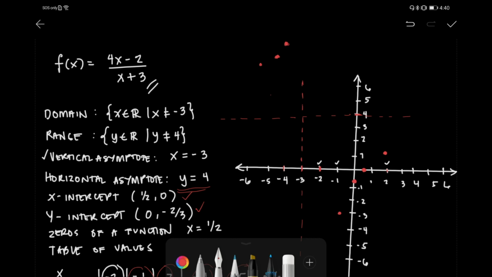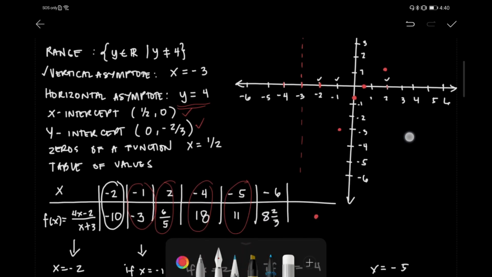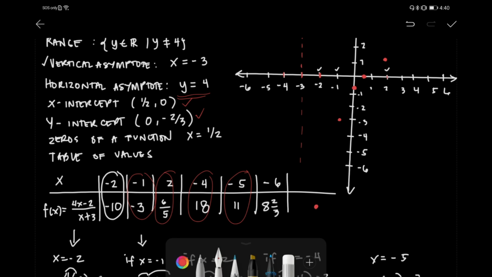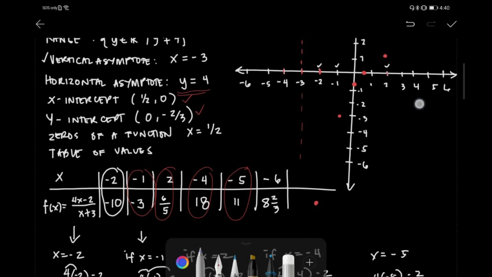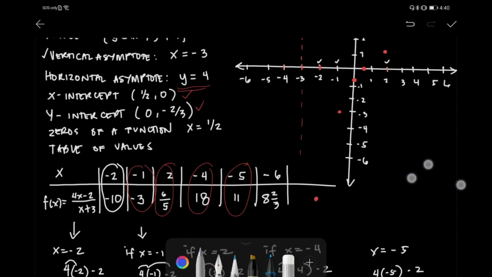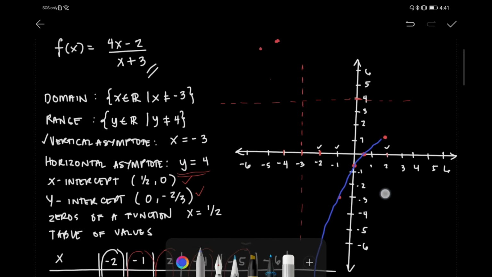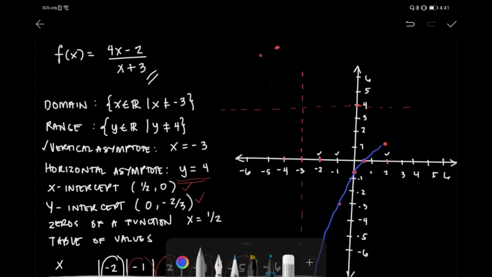So, if we are going to plot our points na nandito, guys, our graph will look like this. So, this is the blue one. Connect the dot lang tayo. So, nandito yung ating graph. So, papalapit yan ng papalapit doon sa ating asymptotes.